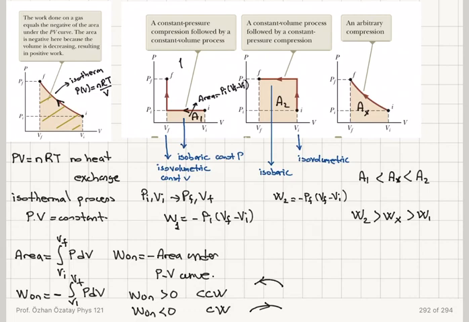So any process that has an intermediate area will have a work that is in between these two extremes. Therefore, the minimum amount of work I can do is this one, minus P initial times (V final minus V initial). The maximum amount of work I can do on the system is minus P final times (V final minus V initial).